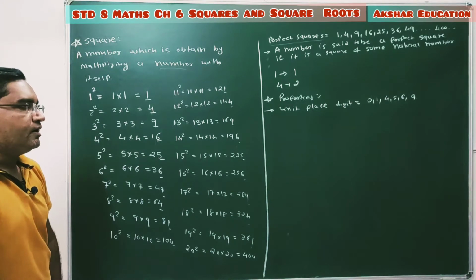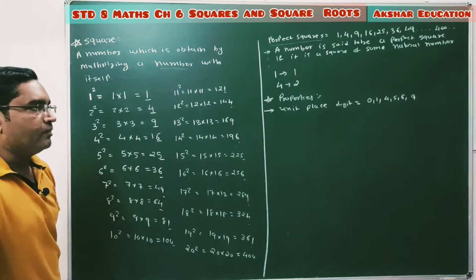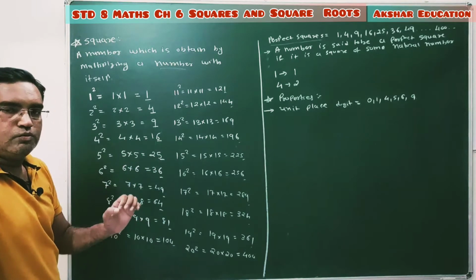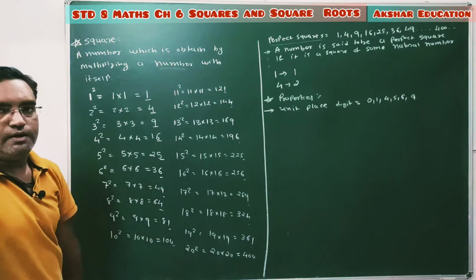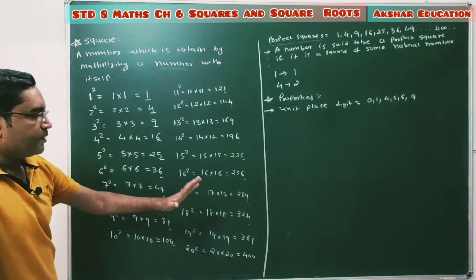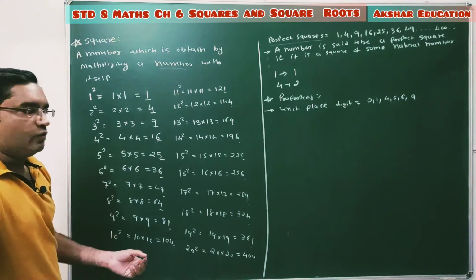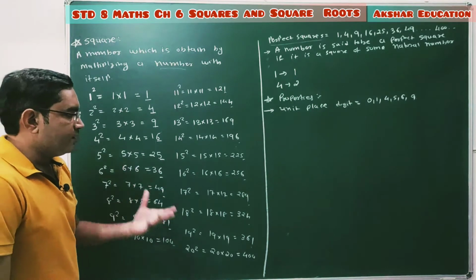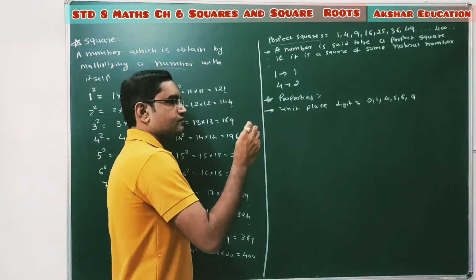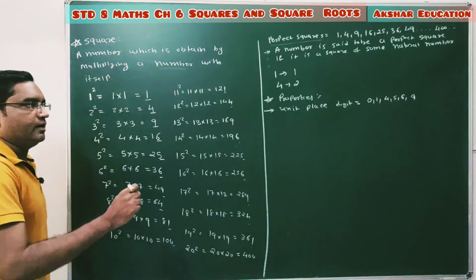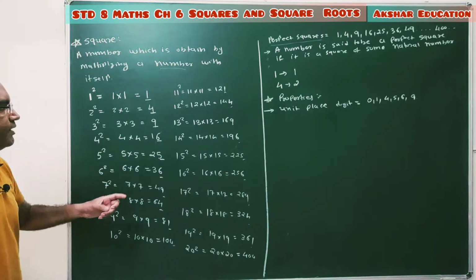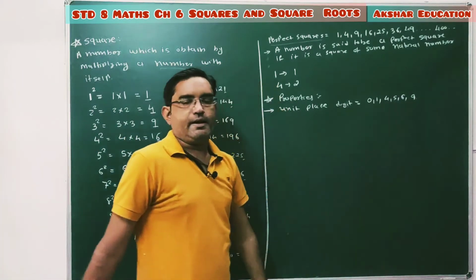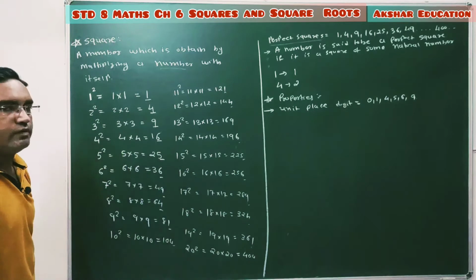That means at the unit place digit of this perfect square number, we are never getting the numbers 2, 3, 7 and 8. देखो कोई भी नंबर का स्क्वायर निकालो आप, उसके यूनिट प्लेस पर, जो परफेक्ट स्क्वायर नंबर मिलेगा उसके यूनिट प्लेस डिजिट पर हमें कभी भी 2, 3, 7, 8 नहीं मिलेगा. We are always getting numbers 0, 1, 4, 5, 6 and 9 at the unit place of this perfect square.